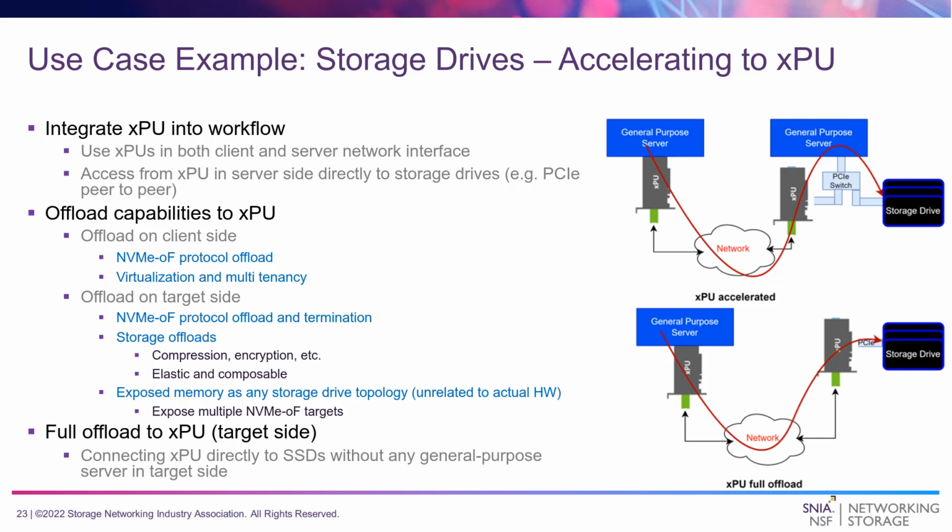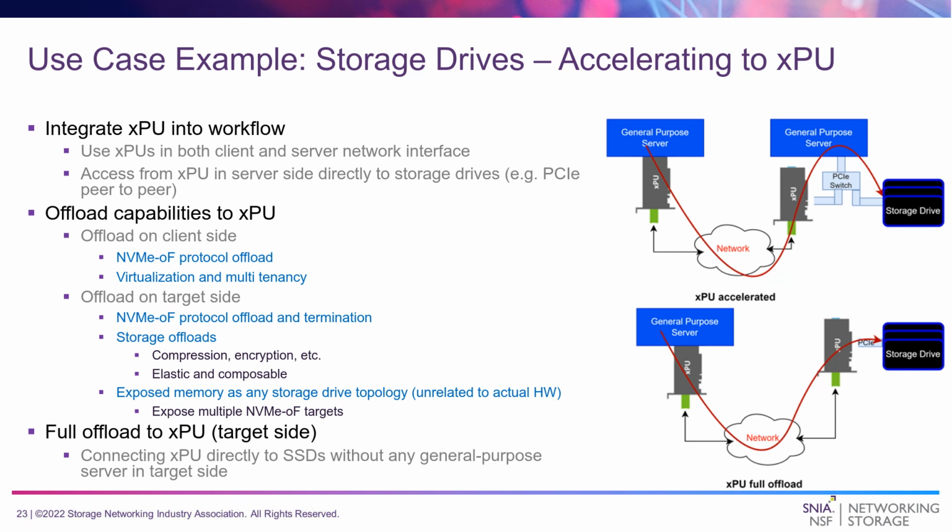And we'll start offloading the capabilities into the xPU. So on the client side, we can offload the protocol of NVMe over Fabric. We can offload virtualization, multi-tenancy, if on that general purpose server there are multiple clients that need virtualization on their network. All that could be offloaded into the xPU.